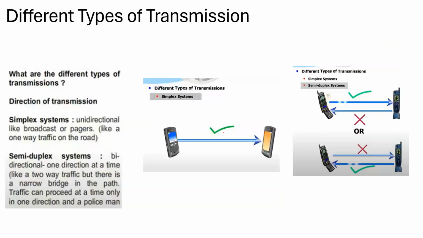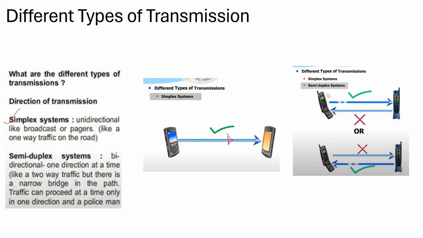Okay, now the different types of transmission. You all know about simplex systems, semi-duplex systems, full duplex systems. I will just touch on all these points and will not go into detail. In simplex systems, there is one way of communication.